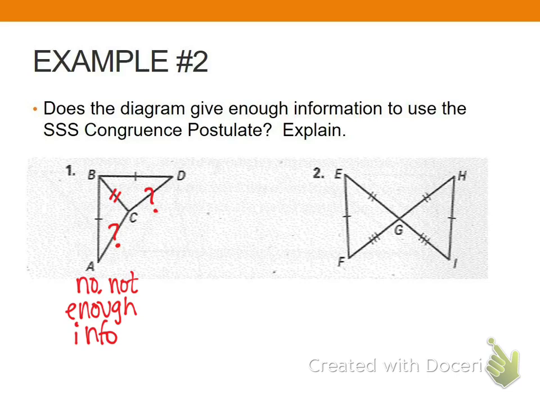What about the second one on this slide? Yes, that one's pretty easy and straightforward because they marked all of them for us. 1 tick mark, 2 tick marks, 3 tick marks. So yes, all pairs of corresponding sides are congruent.